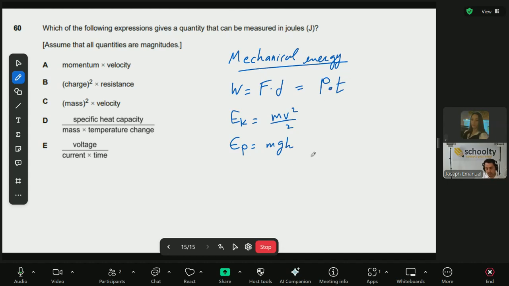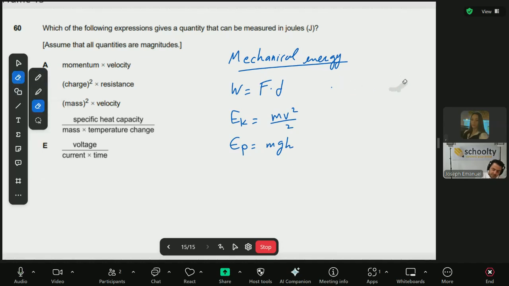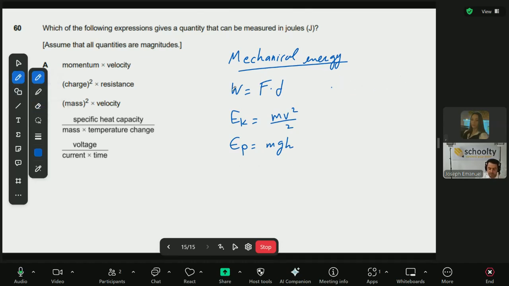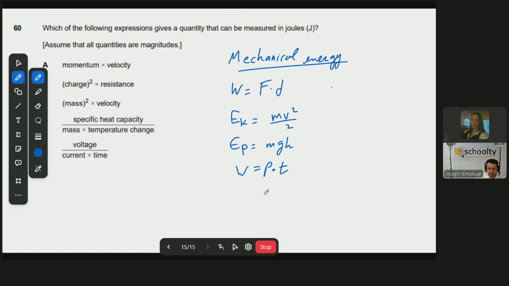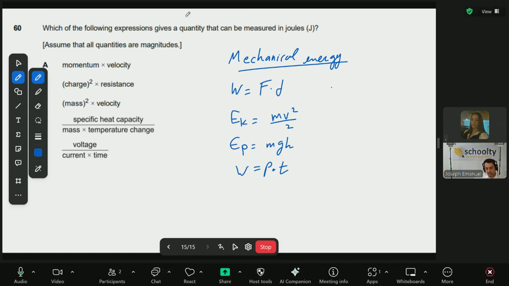Because power equals work by time, so work actually is power times time. Power is energy divided by time. Okay. This is in mechanics.